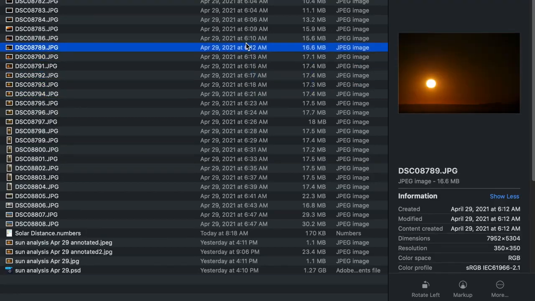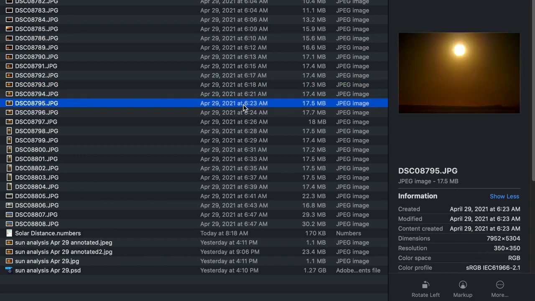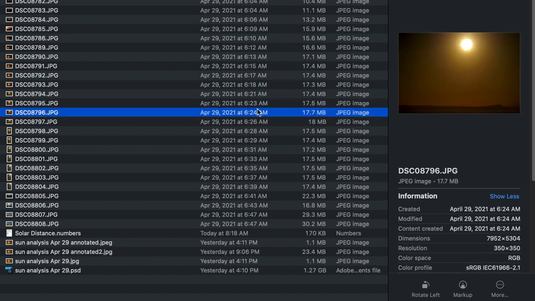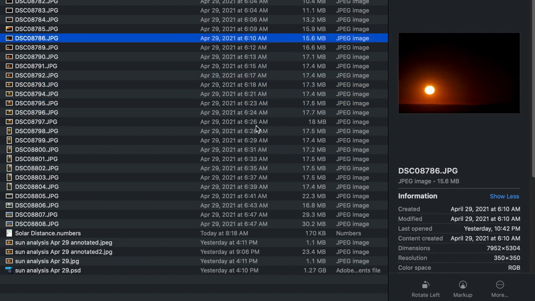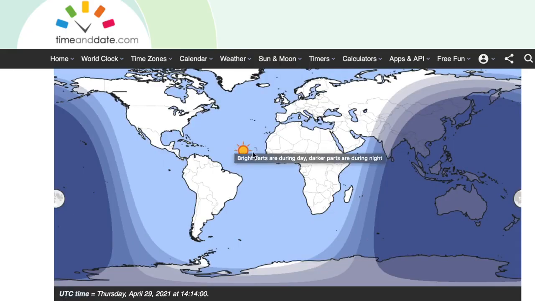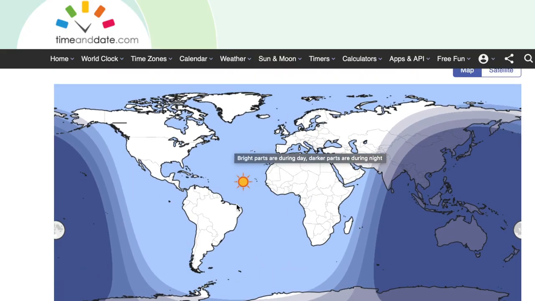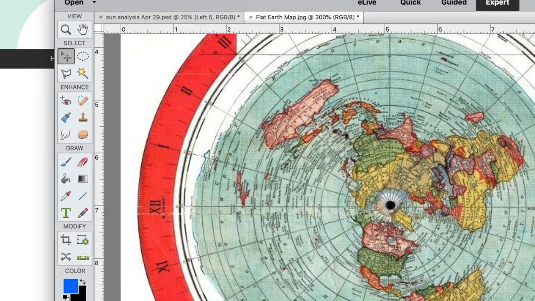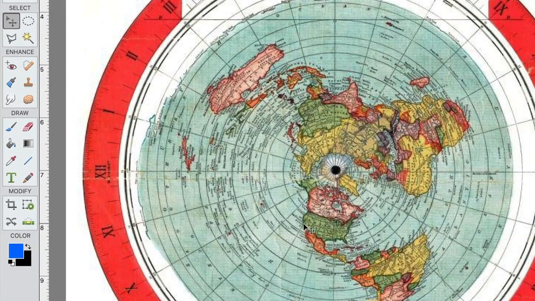By looking at the time tag on the photos, I went to time and date and put those values in, and I got the location of the sun, somewhere in the Atlantic. So I had to measure the distance. I was very curious. The azimuthal equidistant map is more accurate in angles, as you'll see, so the sun is somewhere around there.